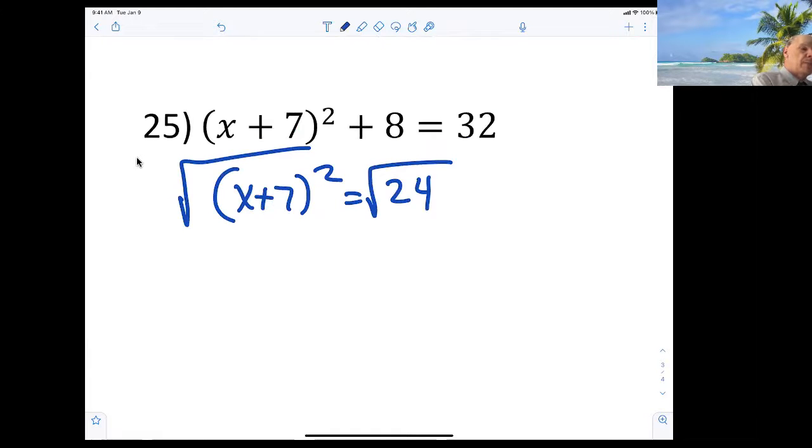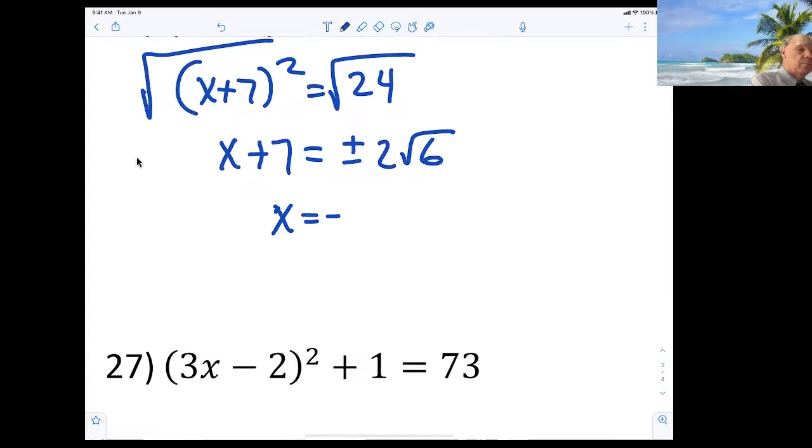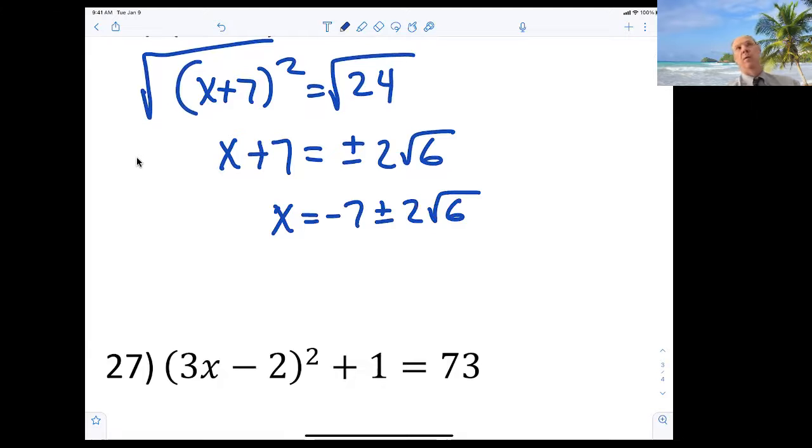We're going to say plus or minus 2 radical 6. And now what? X equals minus 7 plus or minus 2 radical 6. You are amazing. That's exactly correct, guys. Exactly. All right. It's not difficult. It looks complicated. It's not.